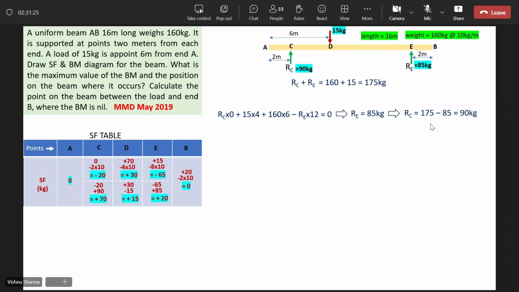Yes sir, it's okay. Okay, anybody still completing the table and wants me to wait? Then make the SF diagram, guys. Yeah, tell me. Somebody was saying something. Please go ahead. Sir, please wait. Okay.